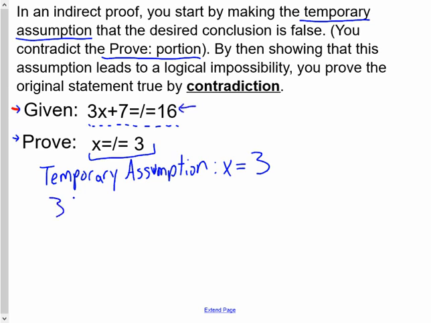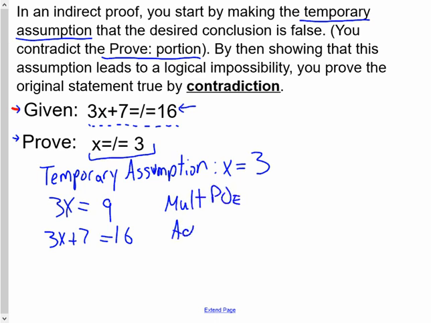So 3 times x is 9, and now add 7 to both sides. 3x plus 7 is 16. Our steps were we multiplied by POE and we added. Now we got 3x plus 7 equals 16, after our given was 3x plus 7 cannot equal 16. There's our contradiction, which will sometimes be shown with a straight line with an x in the middle.